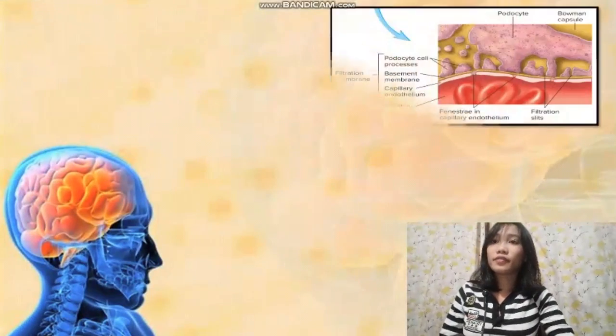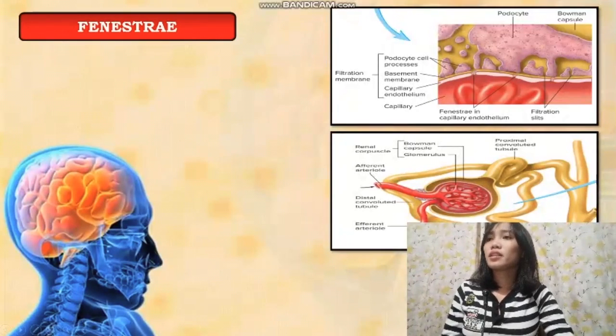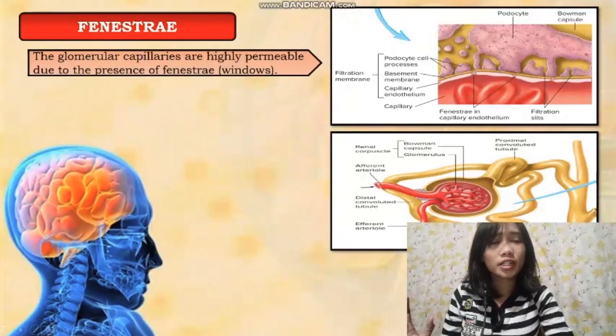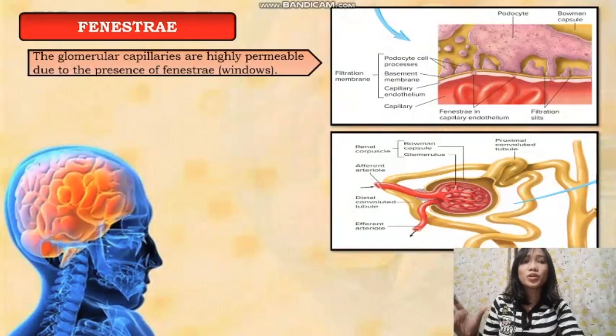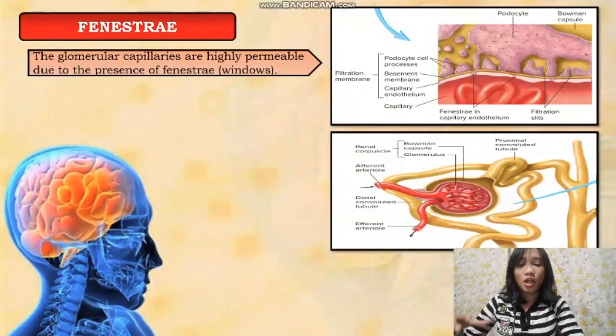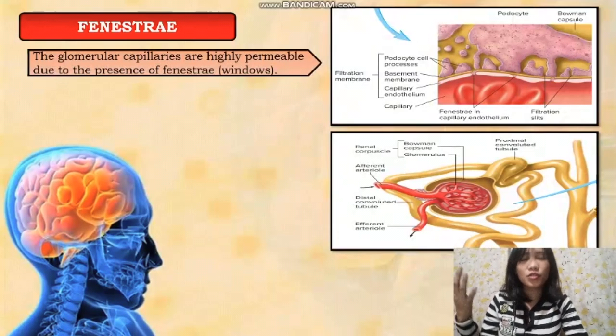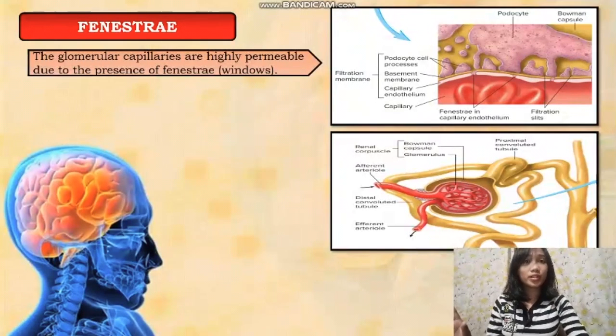First, we have the fenestrae, wherein the glomerular capillaries are highly permeable, meaning liquid or gas can pass through due to the presence of fenestrae, or windows.